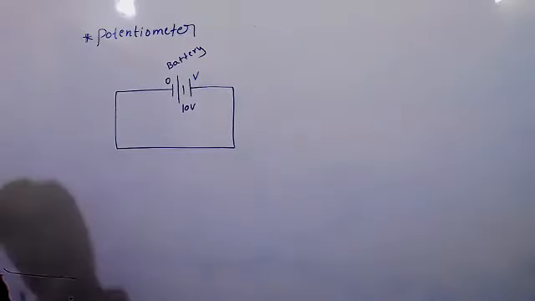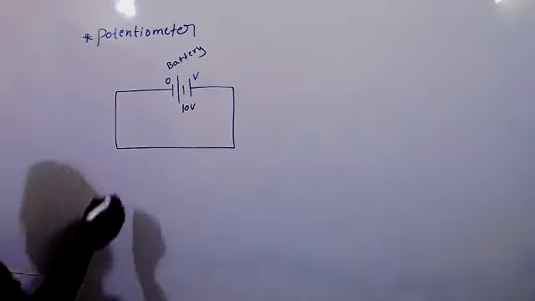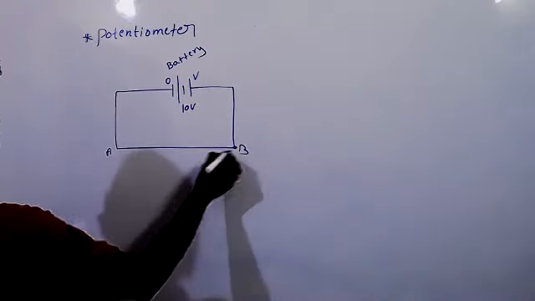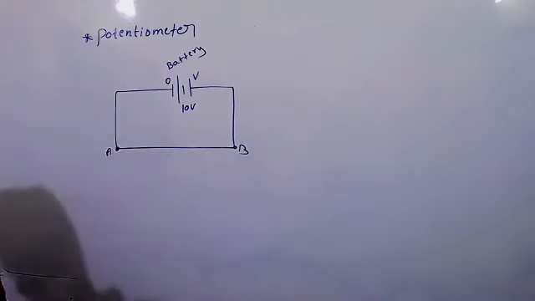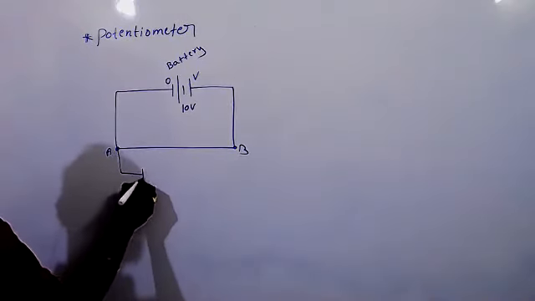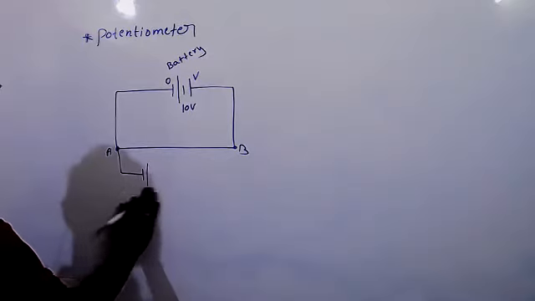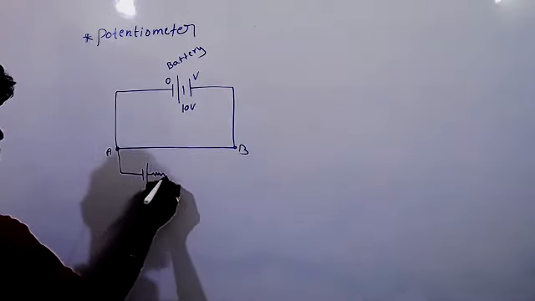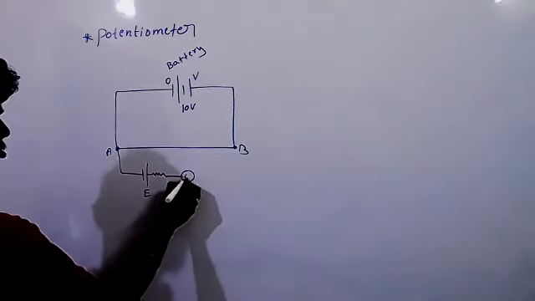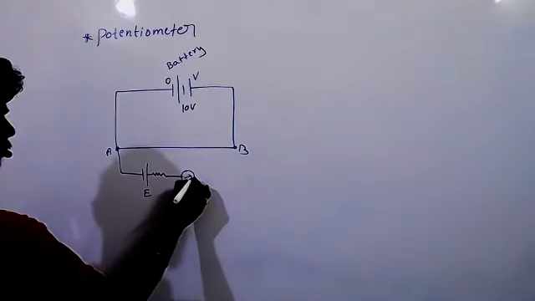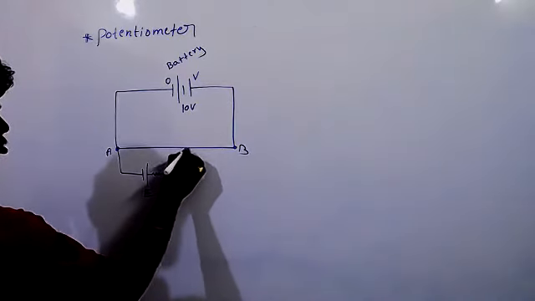Take it, it is A and it is B. It's the wire. Now one jockey, one EMF we have to connect. It has internal resistance. Through this, one galvanometer. Jockey.